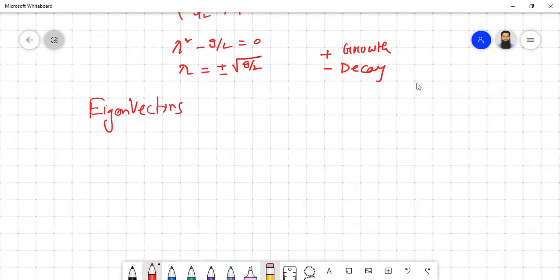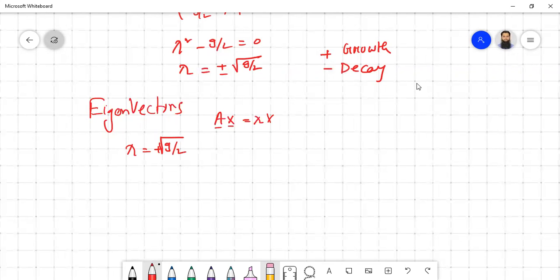Eigenvectors. So basically Ax should be equal to lambda x. There are two values. So say lambda equal to plus root over g by L. Then what will be the case?